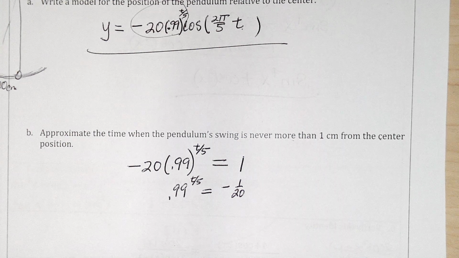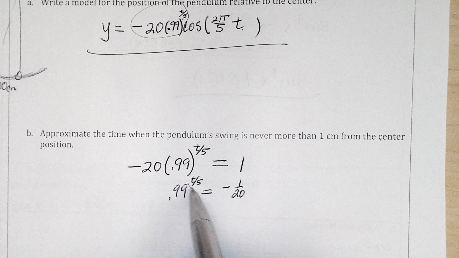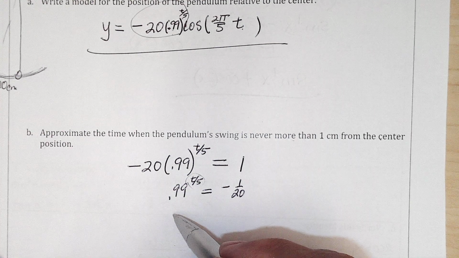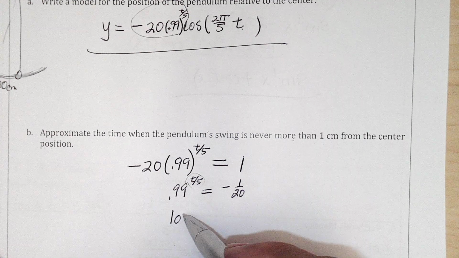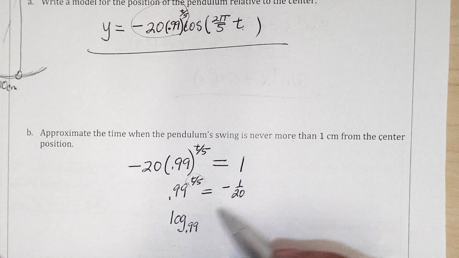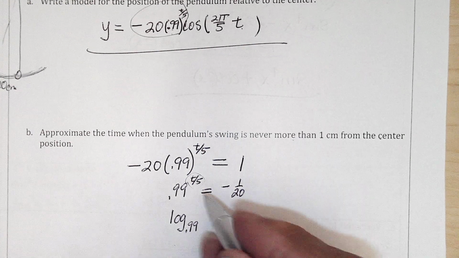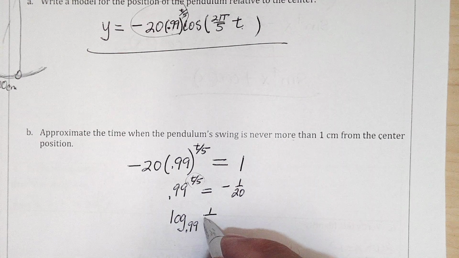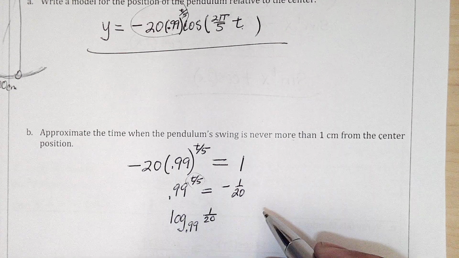And then to solve for a power, we do logs. So to what power do we take 0.99 to get negative 1/20? Well, we can't do a negative for logs, so we're going to just do 1/20th.